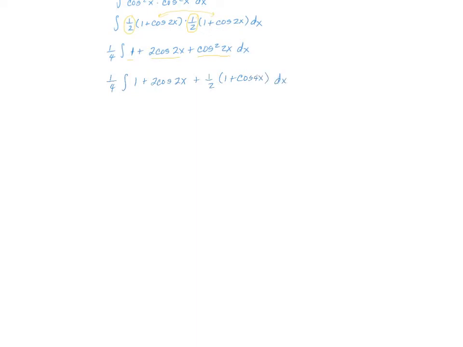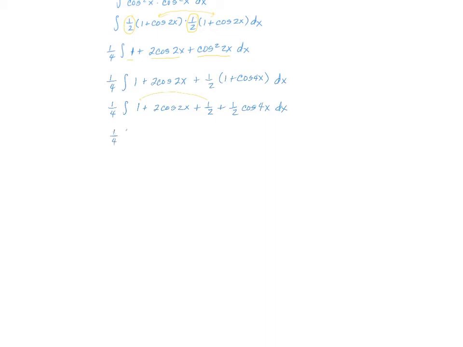So this is a little bit tedious, but the goal again is to get rid of all the cosine squares. Now I'm going to distribute the 1/2 and get rid of the parentheses to get the integral of 1 plus 2 cosine of 2x plus 1/2 plus 1/2 cosine of 4x dx. So if you notice we have some like terms, I can take 1 plus 1/2 and get 3/2.